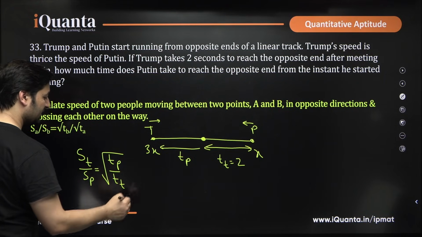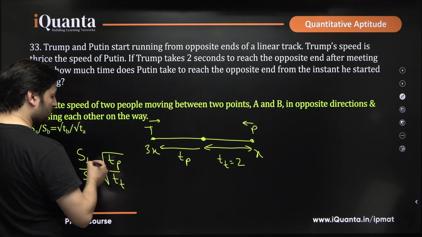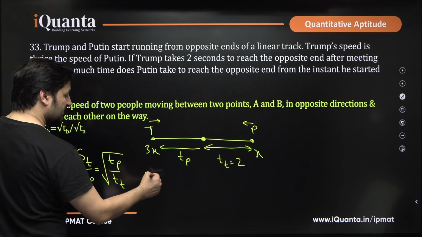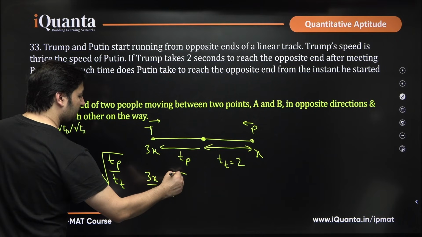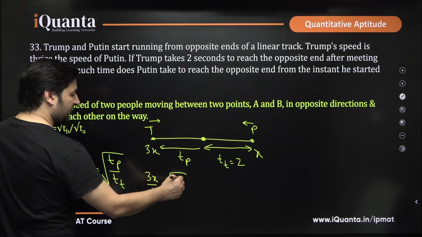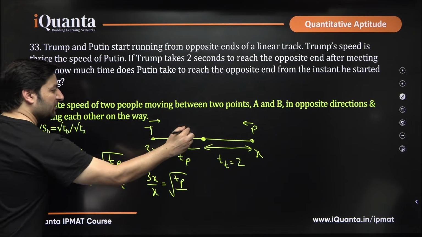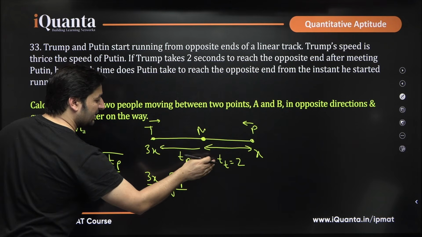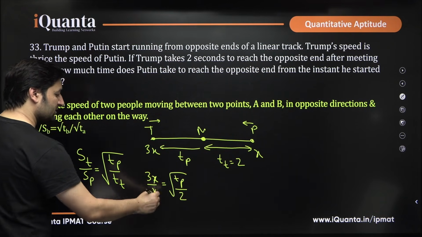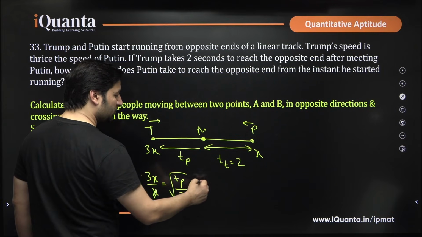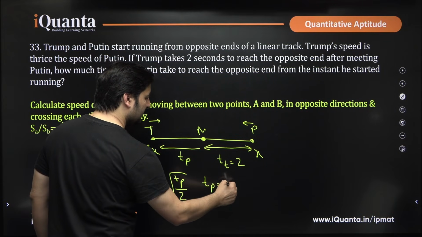Trump speed is given 3x, Putin speed is given x, that is equal to root of TP upon TT. We have to find the time taken by Putin after the meeting point. Time taken by Trump is given 2, so squares 9, 9 into 2 is 18, TP will be 18.